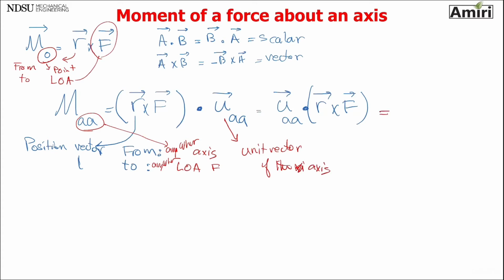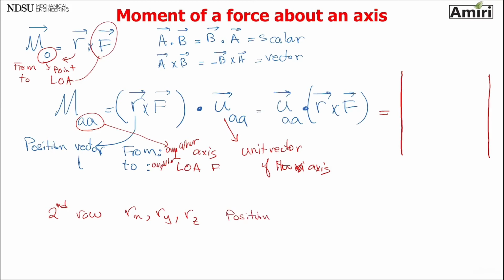So now comes the determinant. Before, the second row was the position vector Rx, Ry, and Rz. Let me write it again.